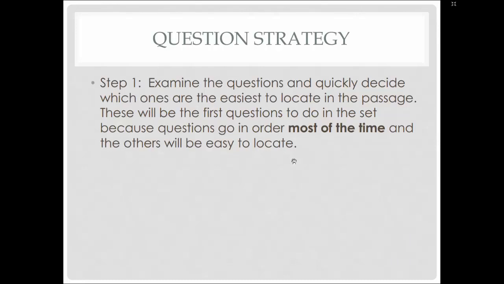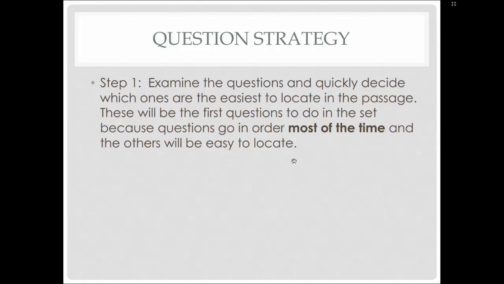Okay? So with a diagram or with a table, it's important that you look and see which ones are going to be the easiest to locate in the passage first. Sometimes that deals with having the keywords like pipes and ducts or diagonal bracing, because that's easier to find and locate first. All right.